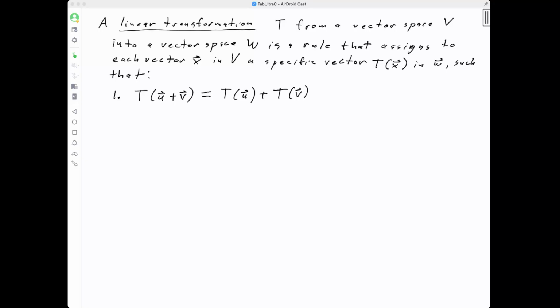So it doesn't matter if you do the transformation before or after you do the addition. And the second one is T of c times u is equal to c times T of u. So scalar multiplication, whether you do it before or after you do the transformation, doesn't matter. If both of those are met, then we say that this is a linear transformation.